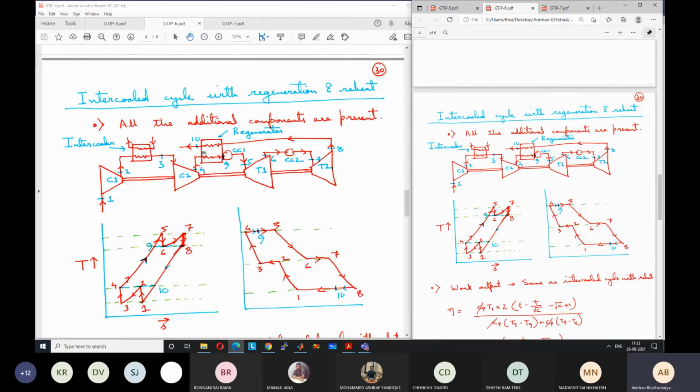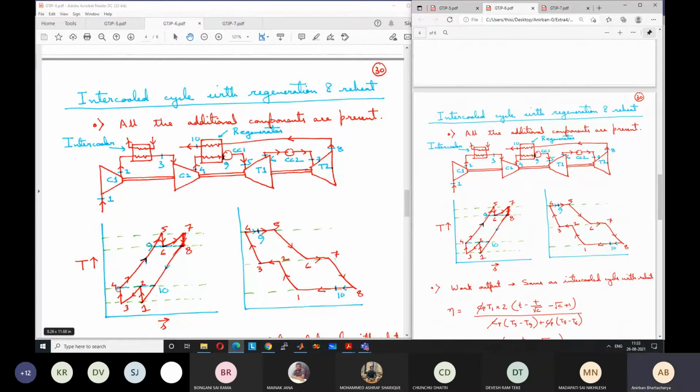Let us again, just for the sake of completeness, go through it once more so that we get more familiar with this. Compression from 1 to 2 is isentropic compression in the first compressor. 2 to 3 is constant pressure heat rejection in the intercooler. 3 to 4 is isentropic compression in the second compressor.